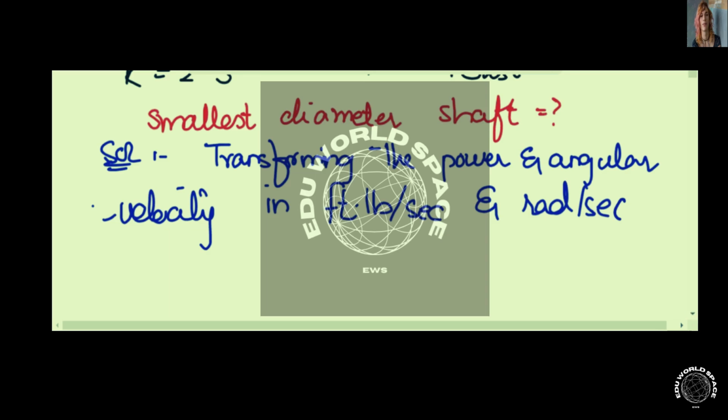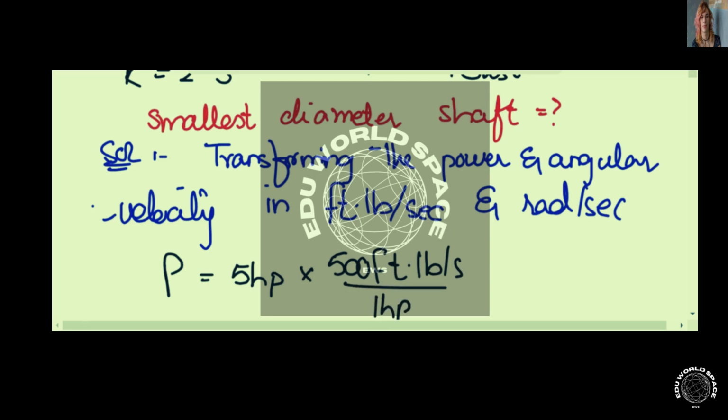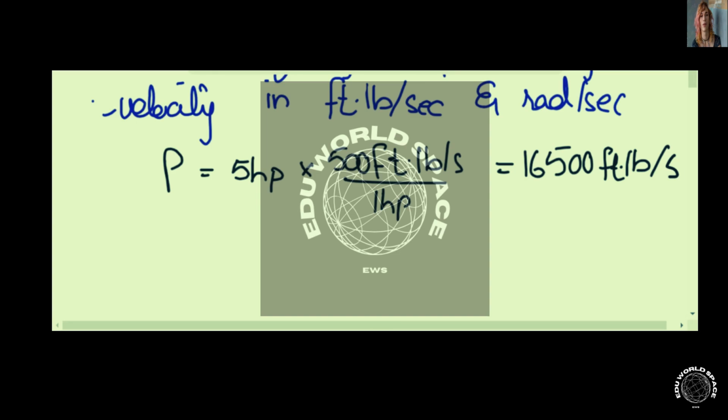So the power would be 30 HP times 550 foot pounds per second divided by 1 HP, which is equal to 16,500 foot pounds per second. Next, we need to change the angular velocity.